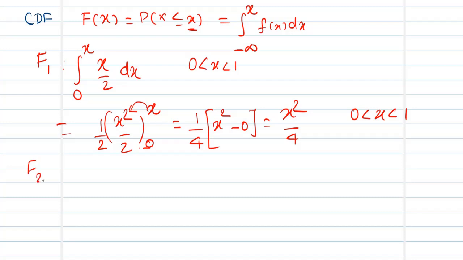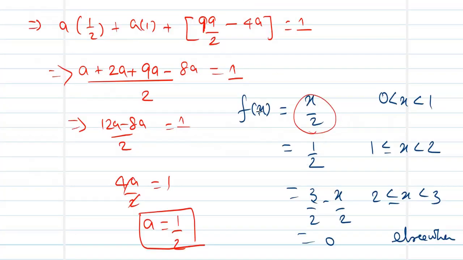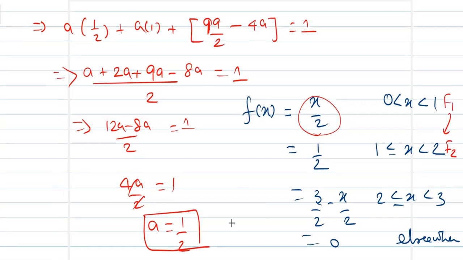Notice now when we move to region 2. When we move to region 2, this is my F1. F1 I have computed. When I move to region 2 it is F1 plus F2. What is going to be F1 plus F2? F1 has been completed for 0 to 1 and F2 has started from 1 and it has to move till the upper limit called x.